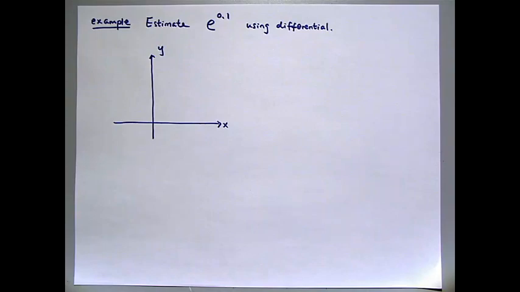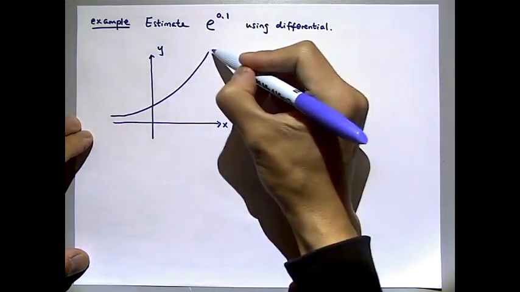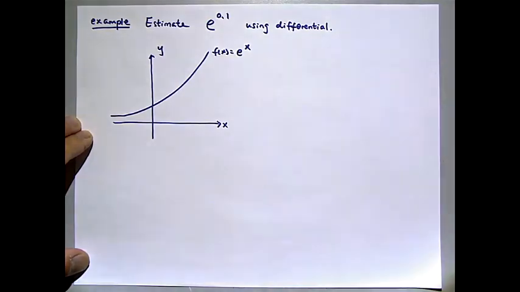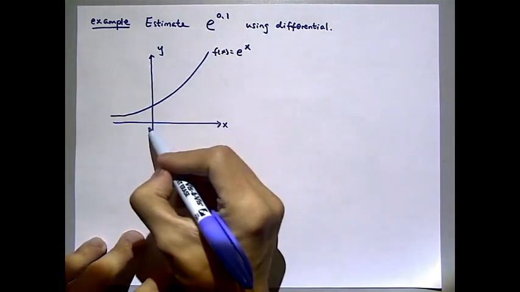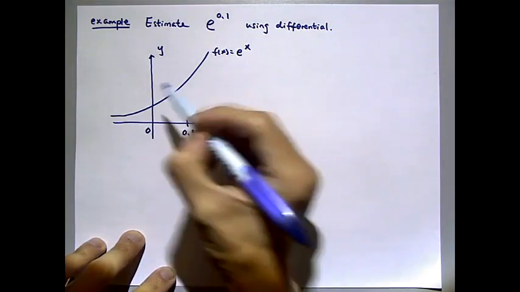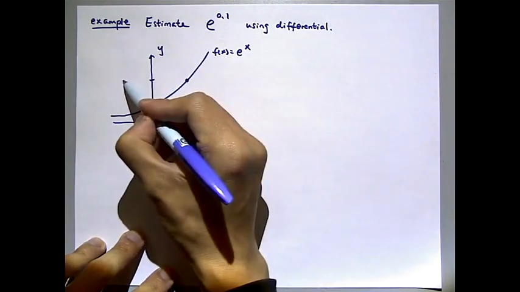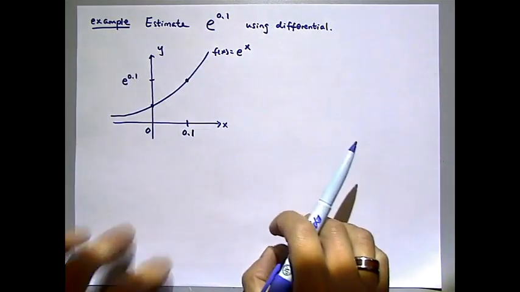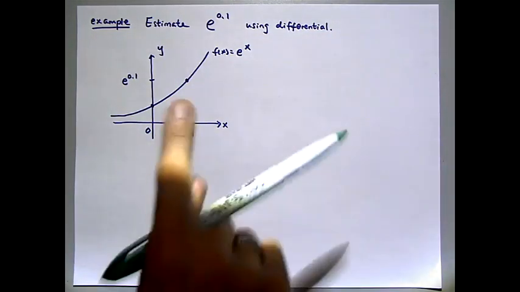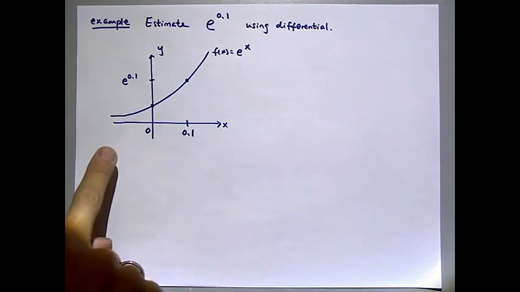Okay. Now remember, everything is based on the tangent line, right? So here's our graph of e to the x. Let's say this is 0, and let's say 0.1 is right here. Now the closest place I can calculate e conveniently and accurately is at 0, right?